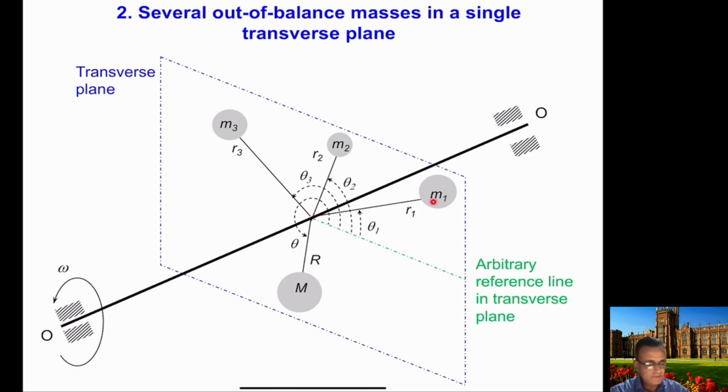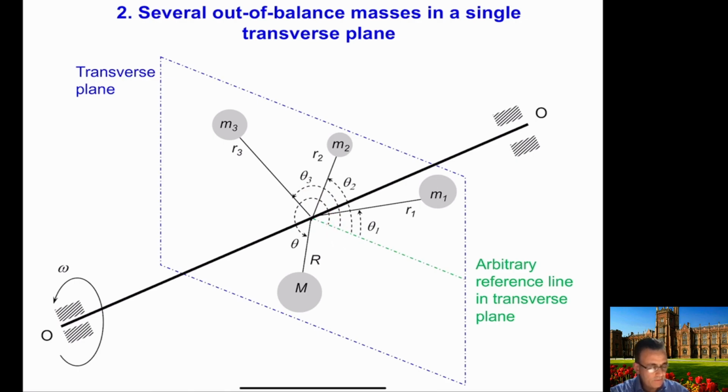One is m1, one is m2, one is m3, and the position of each mass is also given: this mass is r1, this mass is r2, this mass is r3. If you consider this arbitrary reference line, you are also given the angles of each of these lines, r1, r2, and r3.